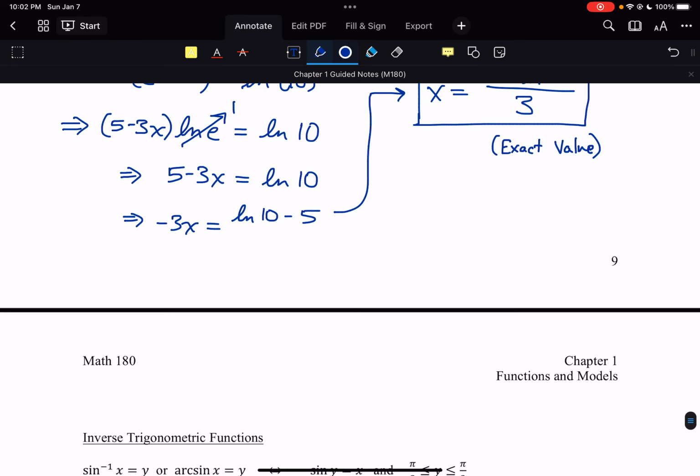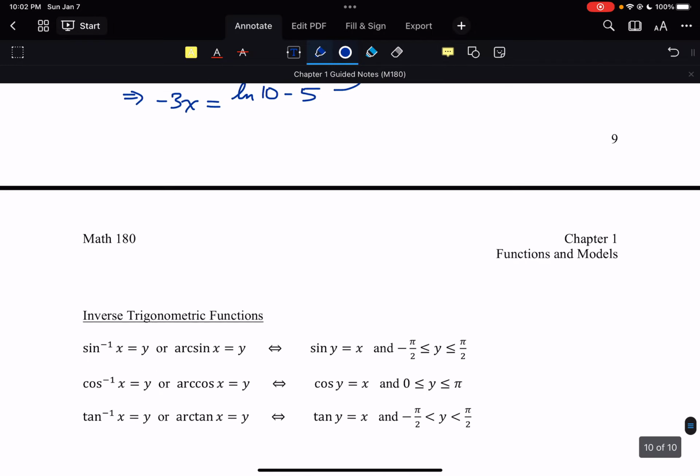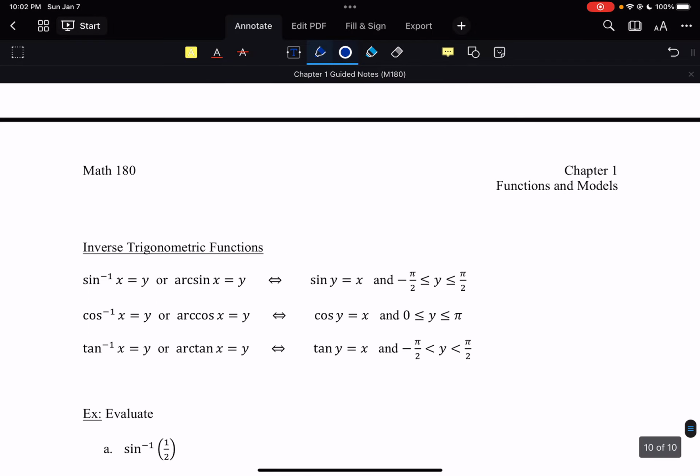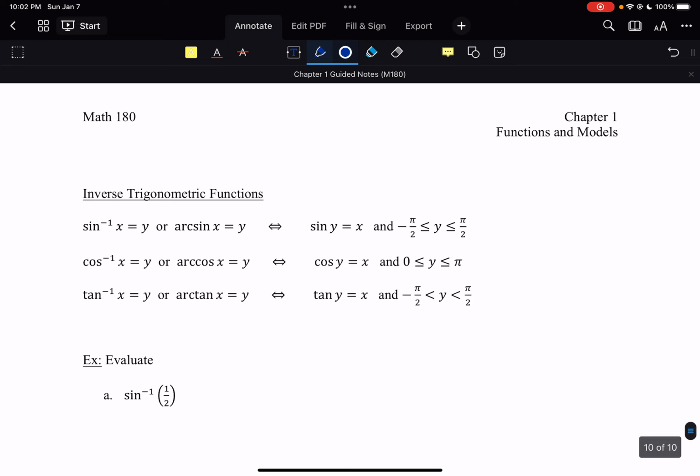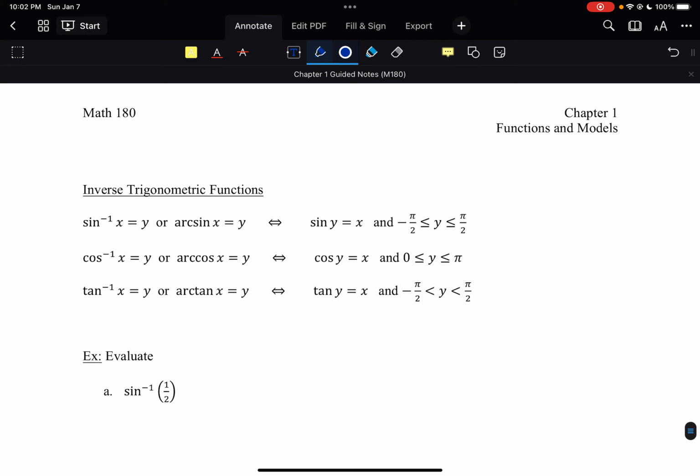The other major type of inverse function that we need to talk about are inverse trig functions. Inverse trig functions use the same notation, that -1 notation, or they use an arc notation: arc sine, arc cosine, and arc tangent. These are equivalent to these versions of their equations, and they do have restricted domains.